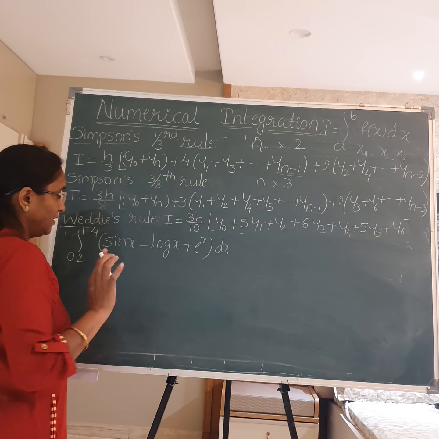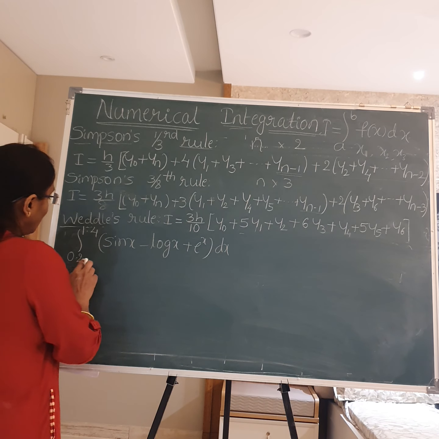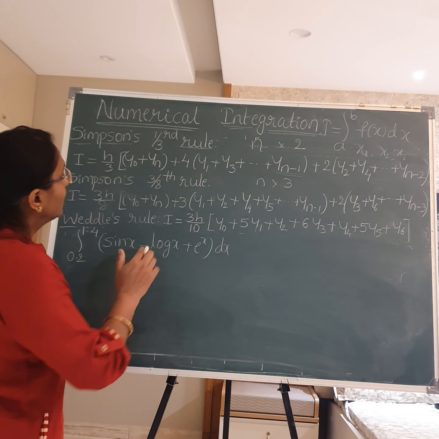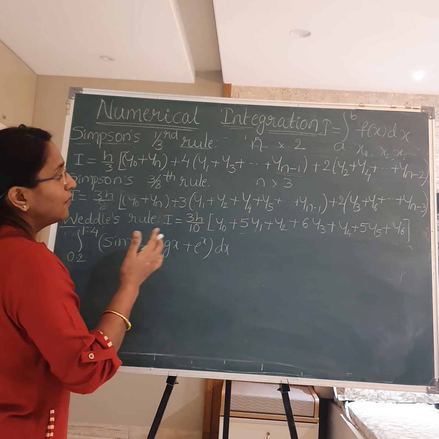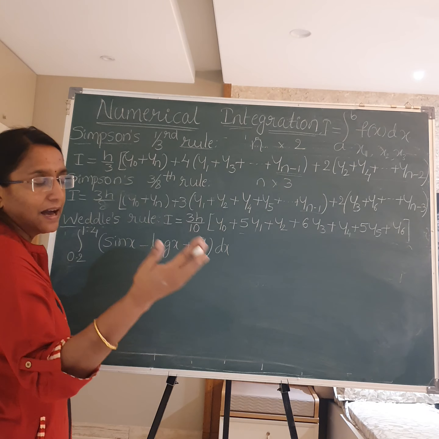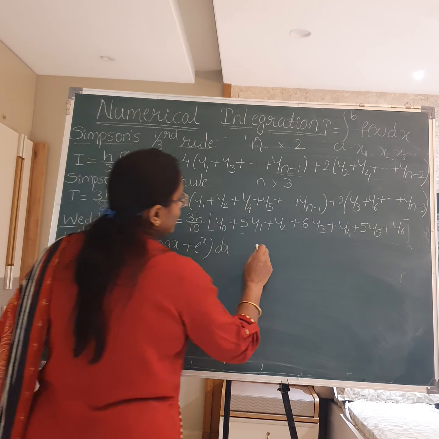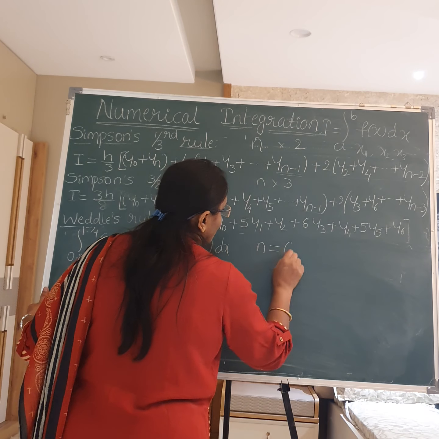Here n is not given, but a is equal to 0.2, b is equal to 1.4. Here it is Simpson's 3/8 rule. We can take 3, 6, 9 like that. 3 will be very less, so we will take n is equal to 6.